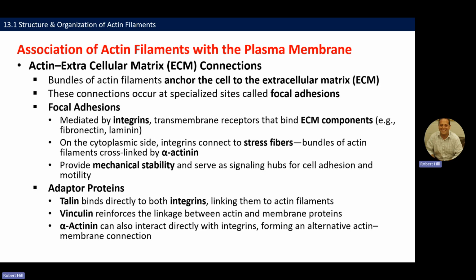And the transmembrane proteins that exist in cells that bind to the ECM, that bind to collagen, are integrins, right? Integrins are the proteins that bind to collagen. Now, it's not always collagen. If you're in the bone marrow, for example, there's a protein called fibronectin, which is very abundant.